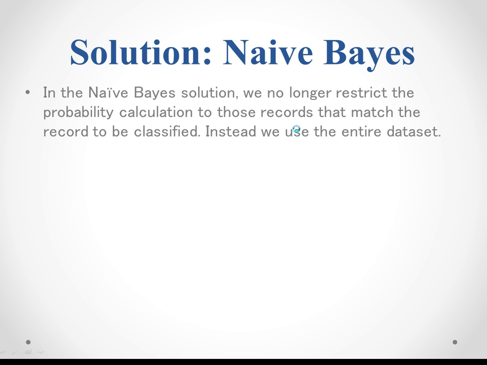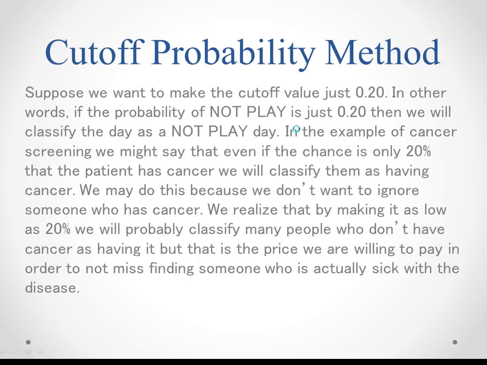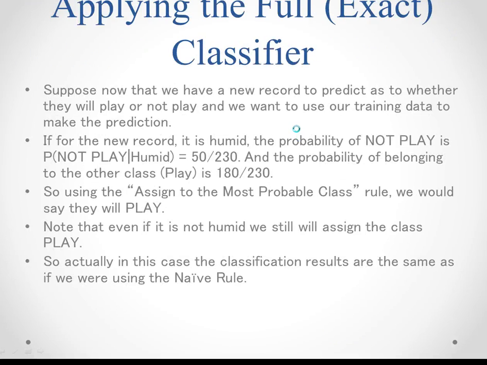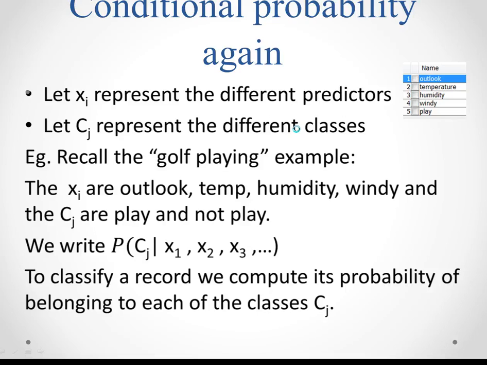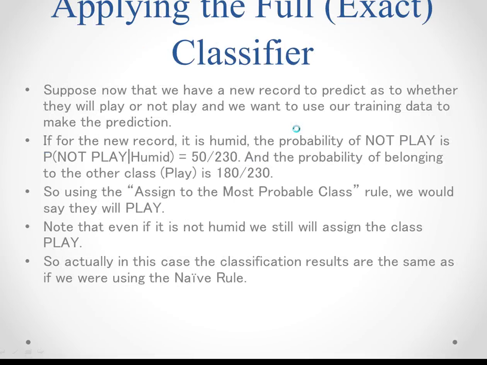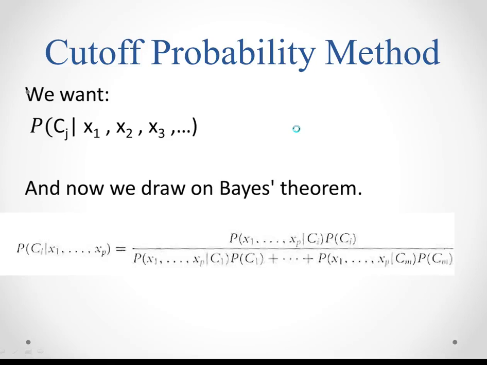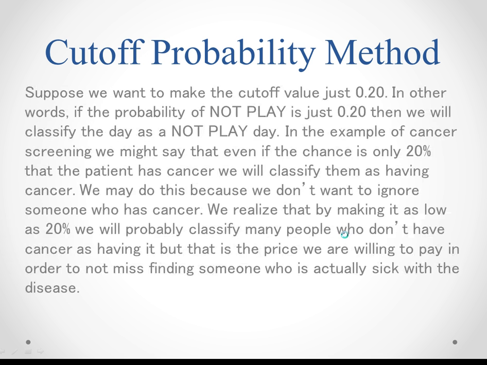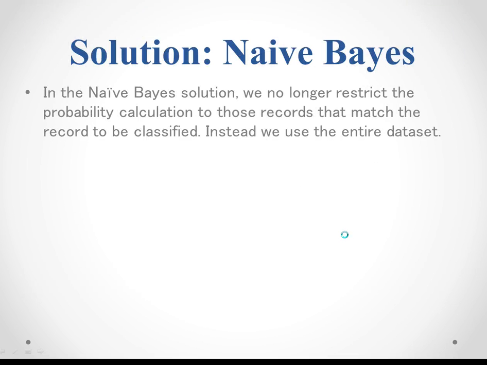The solution to the exact Bayes is the so-called naive Bayes. We're still trying to do this, but we have this problem of too many possible cases. So we have a solution, and that is what's called the naive Bayes.